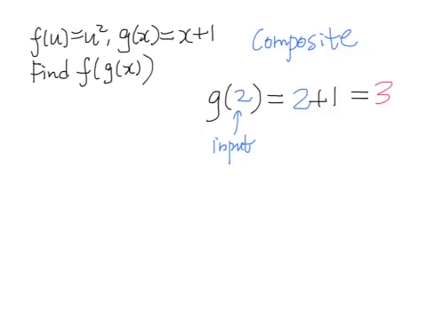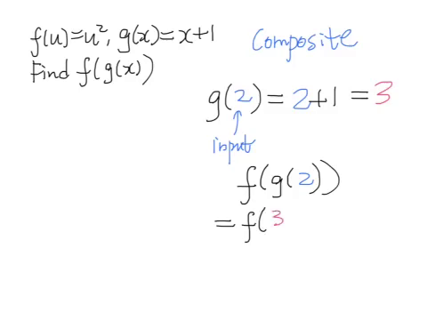Then I know that f of g of 2, what does that mean? That means I go from inside again. g of 2 actually is f of 3, okay? Because g of 2 equals 3, right?